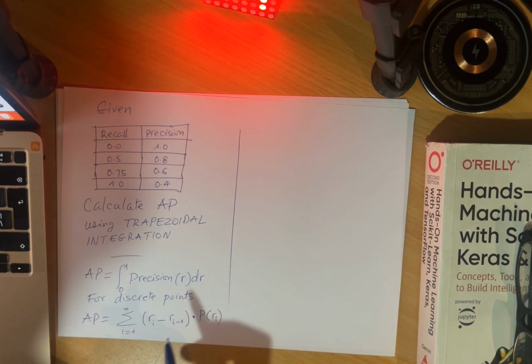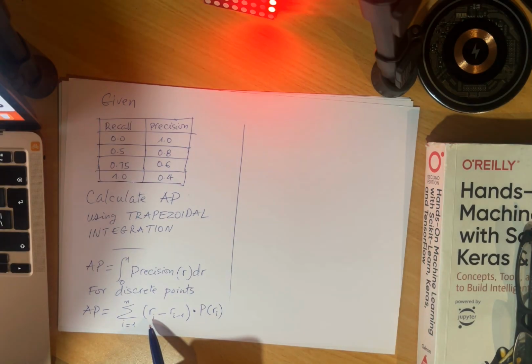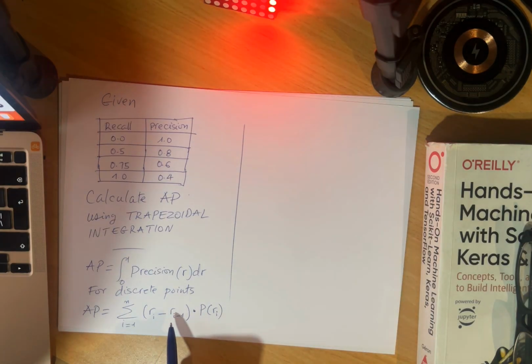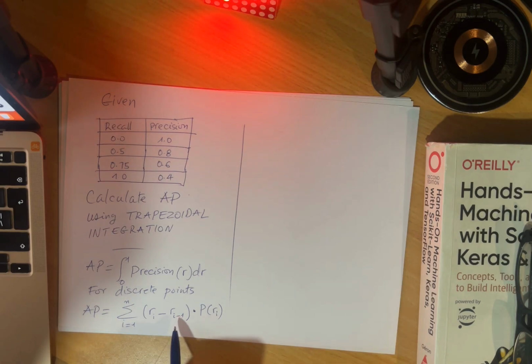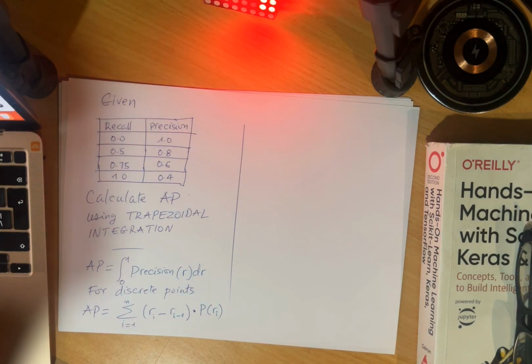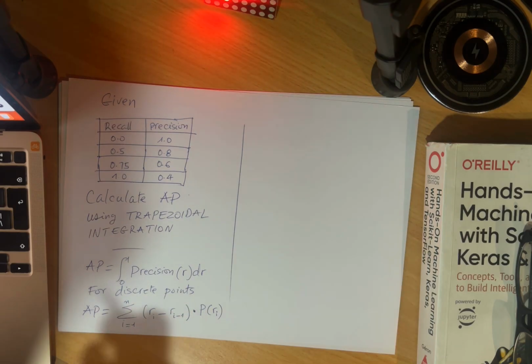Okay, do you remember this? Let's say we have R index i. At a certain point, we have a value of R. The previous value is R i minus 1. Okay, so let's go. Let's first calculate intervals.